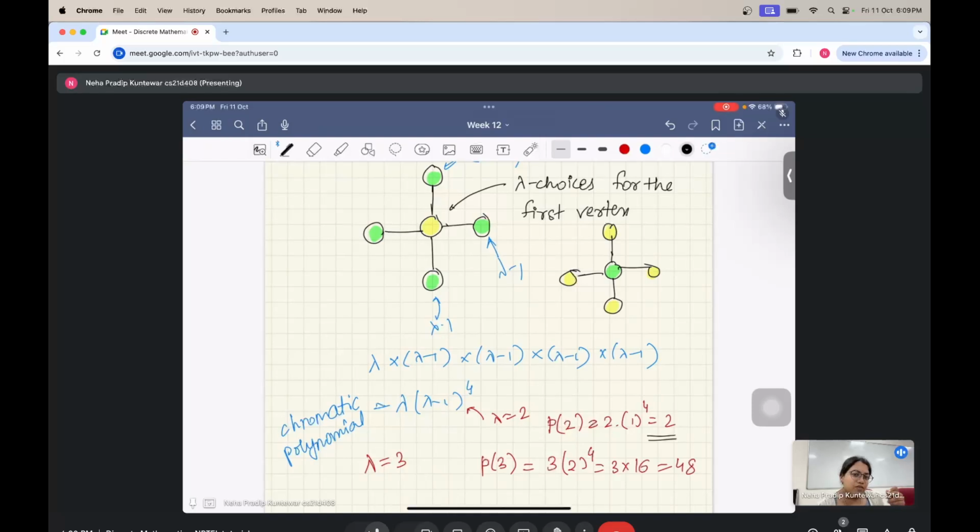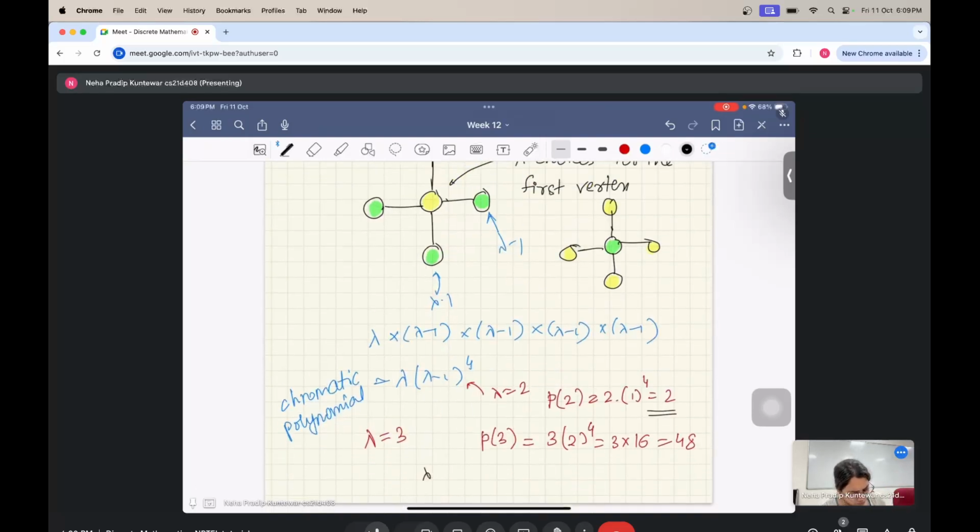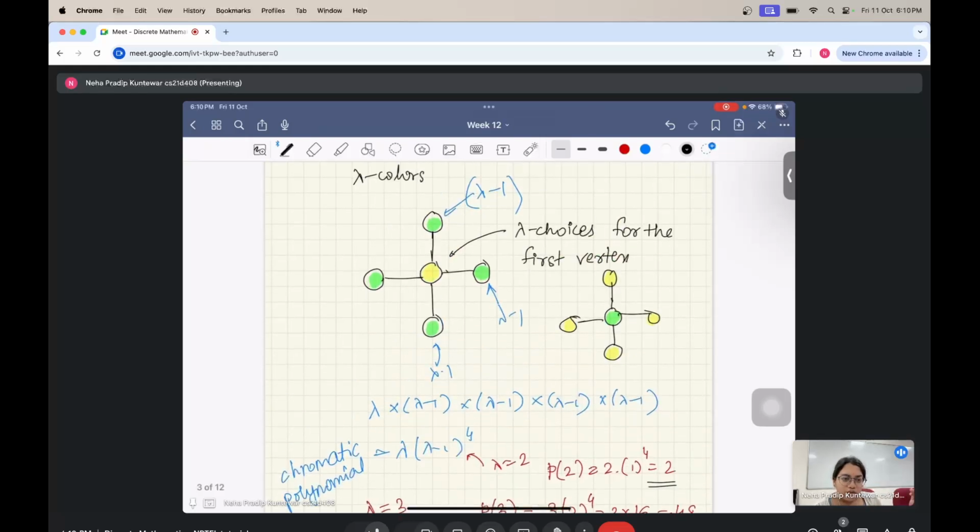But let's see the interesting thing that happens when lambda is equal to 1. If lambda is 1, then we know that there cannot be a coloring with a single color that is still a proper coloring. So let's see what the polynomial tells us. I substitute p of 1 here, and that gives you 1 into (1 minus 1) to the 4, which is 0, and that exactly matches with the fact that you cannot do a proper coloring if you just have one color.